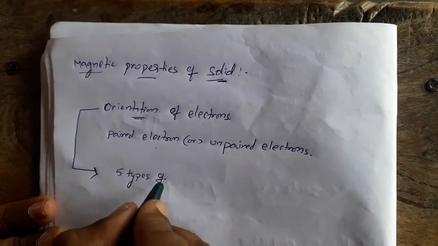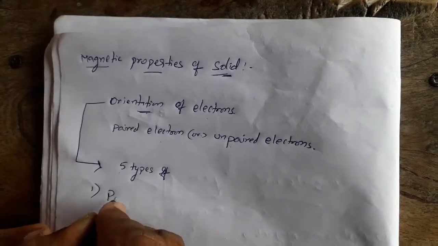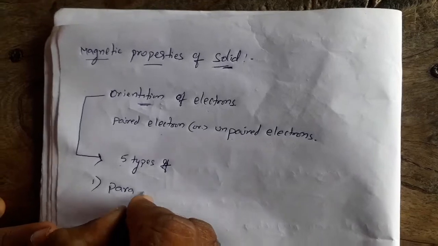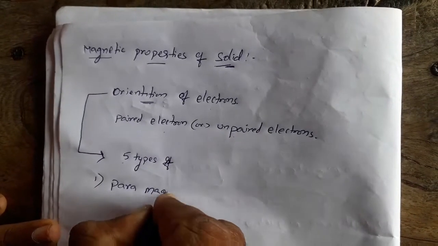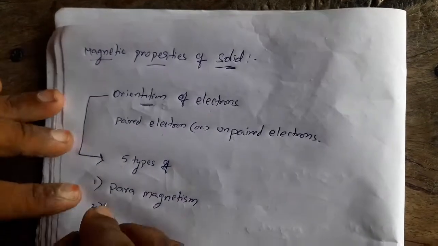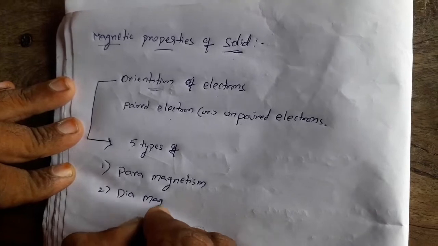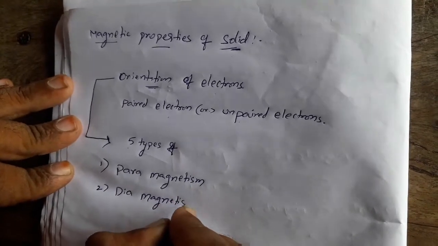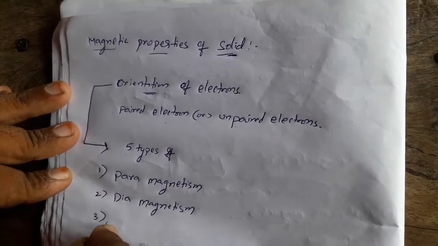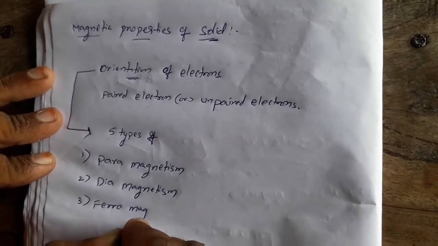The five types. First one is paramagnetism. Second one is diamagnetism. Third one, ferromagnetism.